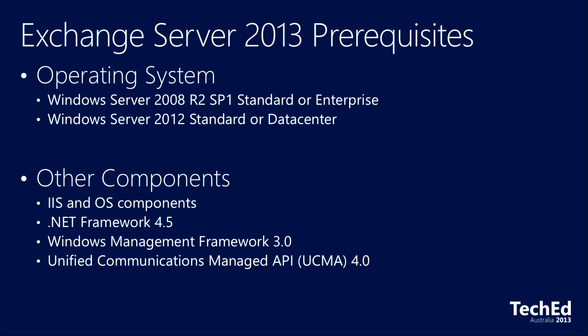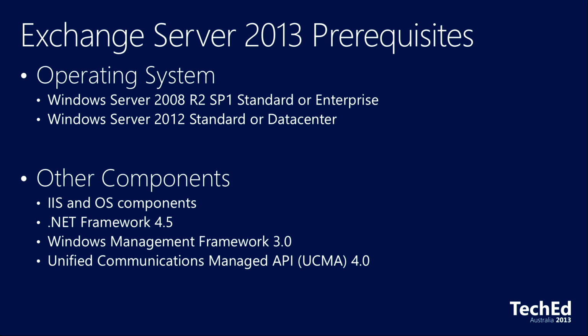Multi-role, of course, in the 2013 paradigm means simply CAS and mailbox on the same box, since those are the only two roles that we have now. When you do that, if you are planning on having that mailbox server be a member of a database availability group, then you're going to need to run the Enterprise or Datacenter version of Windows 2008 R2. If, however, you're running Windows 2012, the clustering features are in both Standard and Datacenter. There is no Enterprise version.